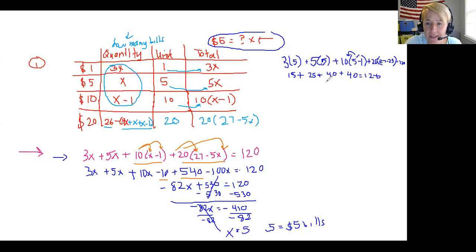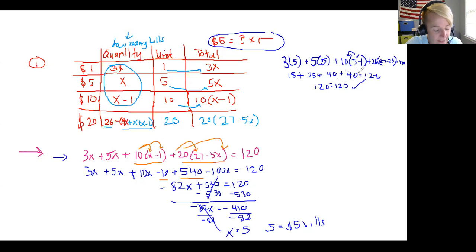And then when I add these up, 40 and 40, and then 15 and 25 is 40. So that's 40 plus 40 plus 40, which is 120 equals 120. So I know that I found the correct value for my x.